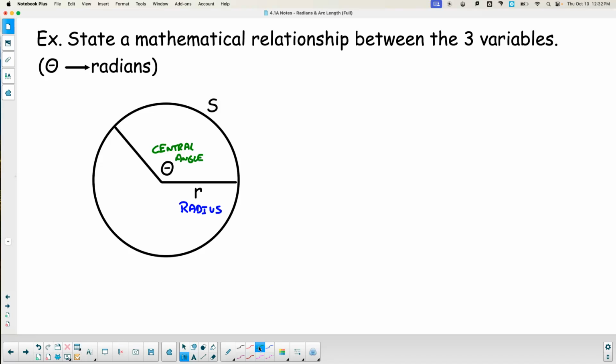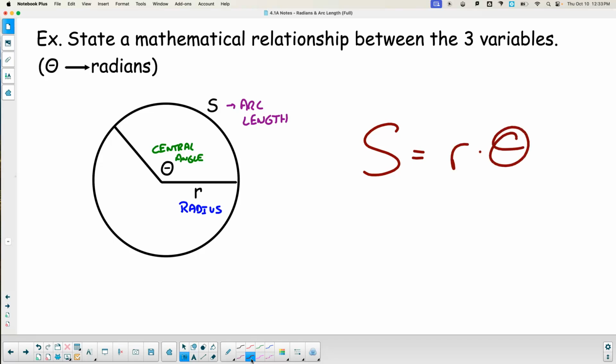And S is our arc length. The relationship between those three, I should have used my favorite word, betwixt those three, is S is equal to R times theta. The arc length is equal to the radius times the central angle.